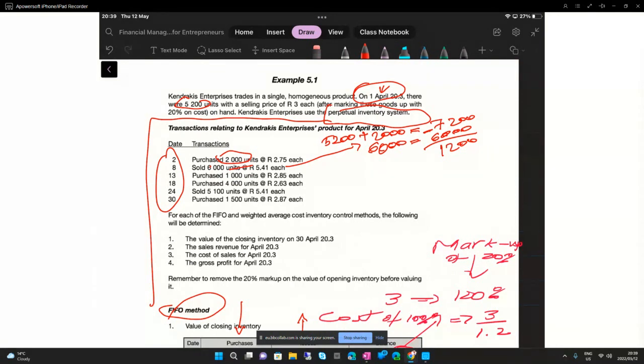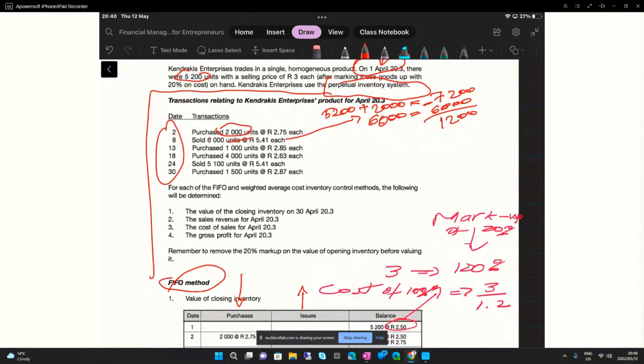But those that do not have such IT infrastructure will do the stock take after a particular period, let's say at the end of a particular month. I think that's what is happening in most small businesses like spaza shops. Okay, so that's quite clear.